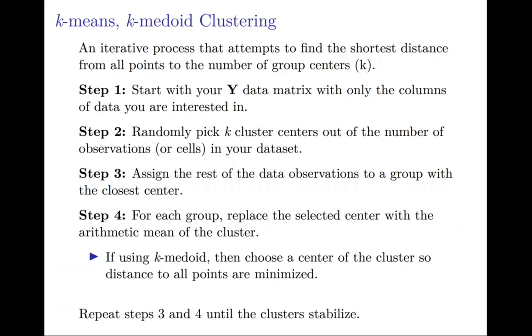The process is very similar for k-medoid clustering, except that once you have your groups chosen, the center of the cluster becomes the point where the distance to all points is minimized. Then you basically repeat steps 3 and 4 until your cluster stabilizes, and that's how you form your groups.